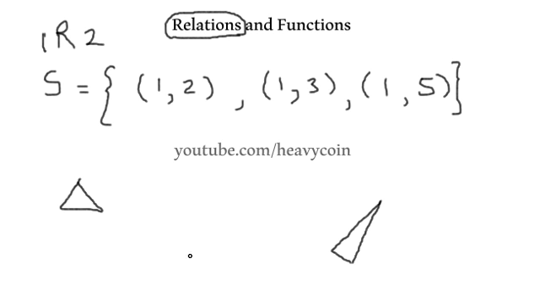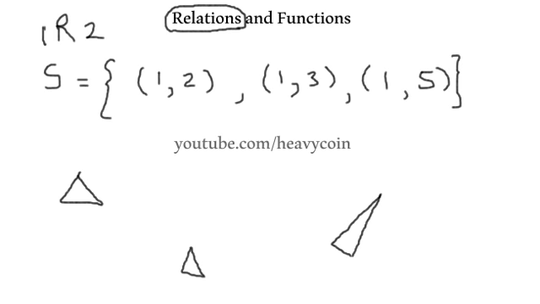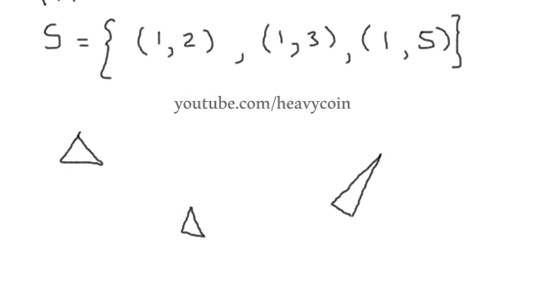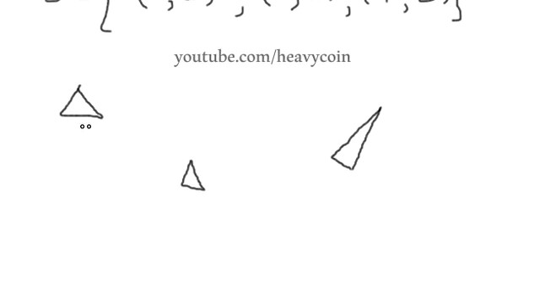In other words, these are all triangles, and another object that has 3 sides. These are all different triangles, but the deal is that they all have 3 sides. I'm going to label them triangle T1, triangle T2, and triangle T3.